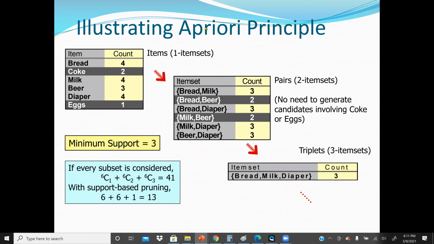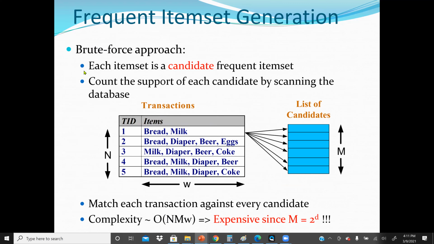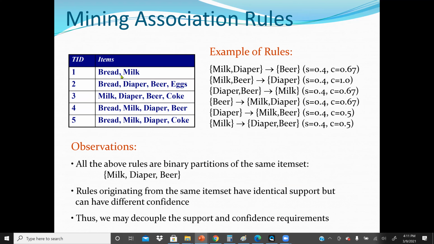So let's see this example illustrating the Apriori principle. Again, we are going back to our database where we have 5 transactions and 6 items. Let's go back to the table we used for the market basket. I'm using this database here, the table.